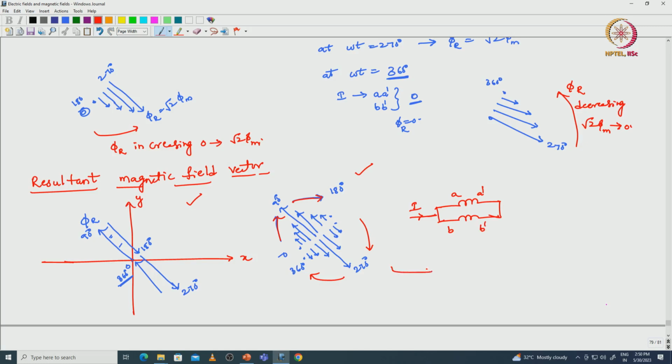So, this kind of magnetic field is not a rotating magnetic field. Here the resultant flux vector magnitude is increasing and then decreasing.